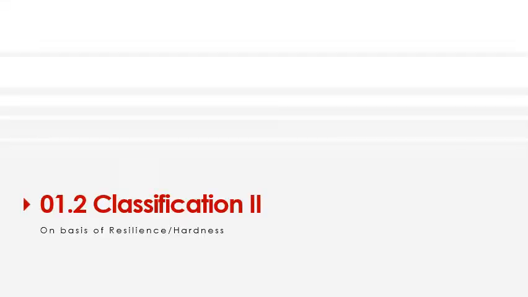Moving on to the second type of classification. Now this is based on resilience or hardness of the flooring. कितनी durable है flooring और कितनी hard है. जितनी ज़्यादा hard होगी flooring, उतनी ही ज़्यादा हम इसे non जो है resilient मानेंगे.